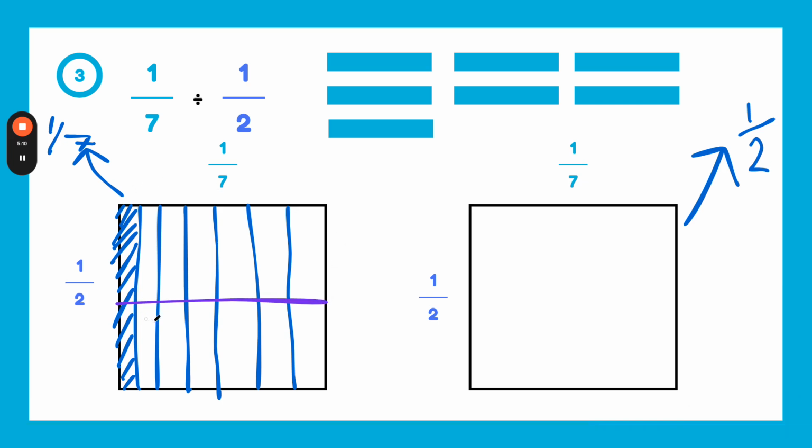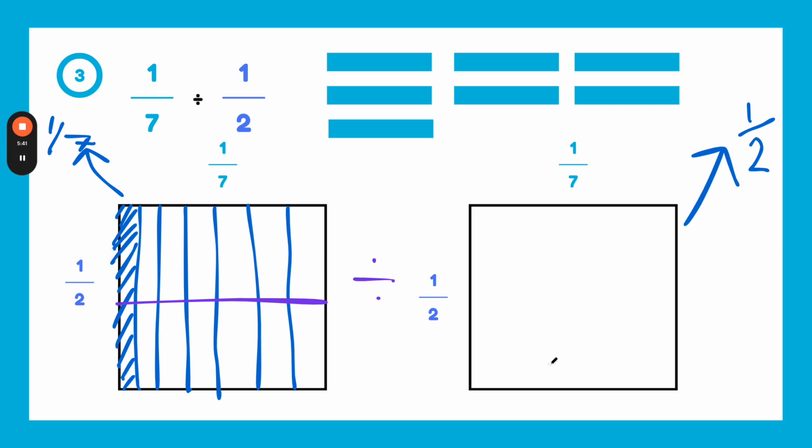This square represents 1 over 7 with one piece shaded, but then we've split the square into half to represent our half because it's on this side of the square. So this square now represents a half. So we've done this square, which is 1 over 7 divided by a half.